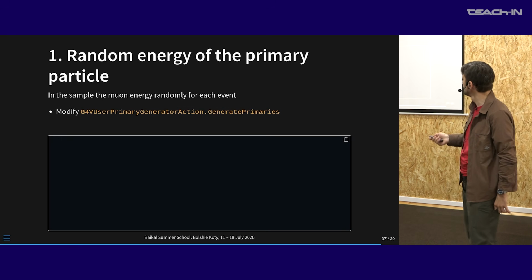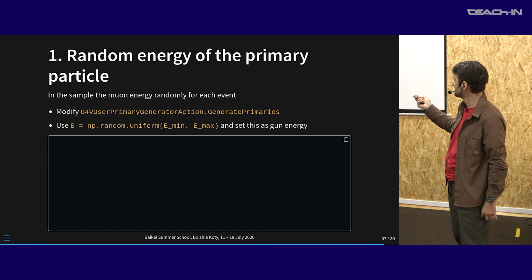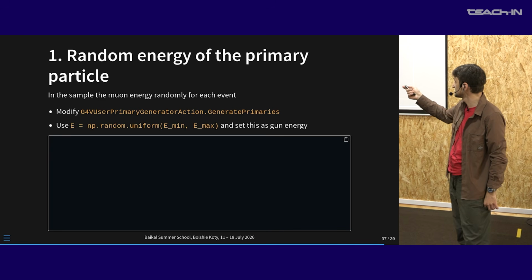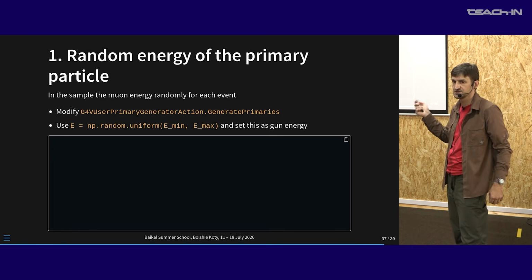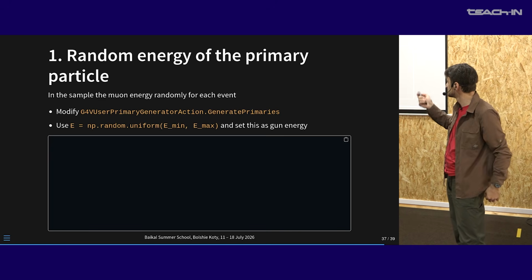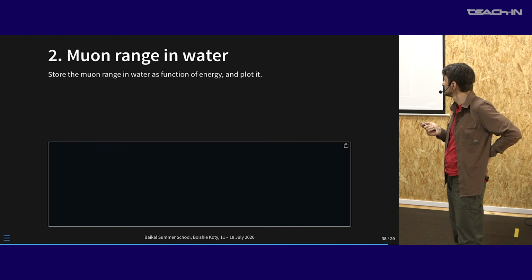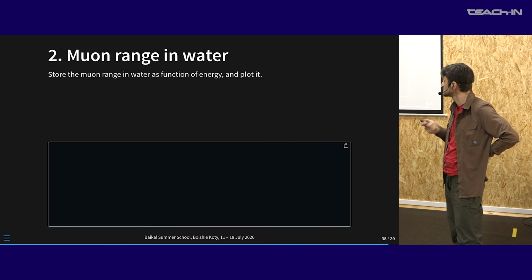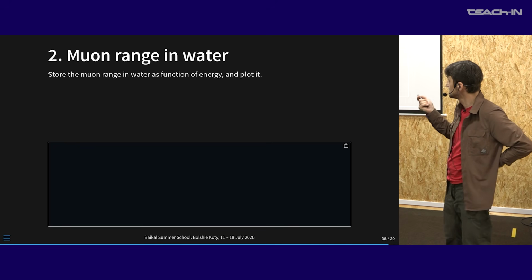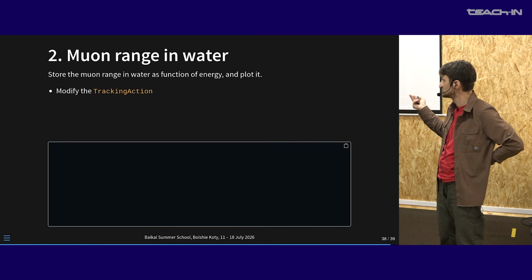Okay. So basically you will have to modify the primary generator action and assign the random energy as the gun energy in the generate primaries method. Then another possible task is to obtain the muon range in water. We use a tracking action.